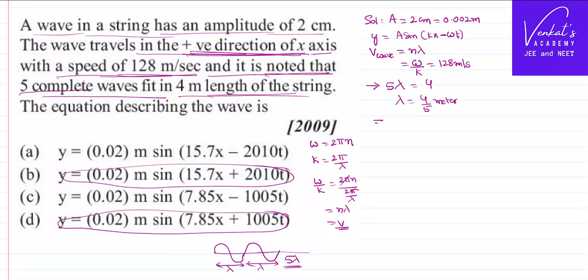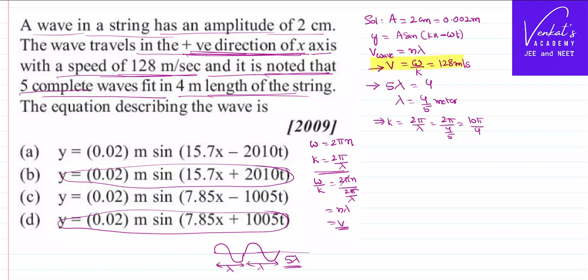Once you have lambda, you can find the value of k using this formula. k is 2 pi by lambda. That is 2 pi by 4 by 5, that is 10 pi by 4. That's the value of k, the phase constant. You know the value of k, and we know the velocity of the wave.